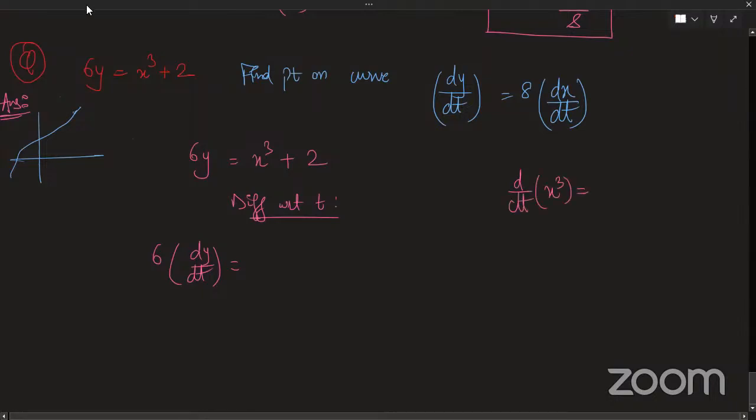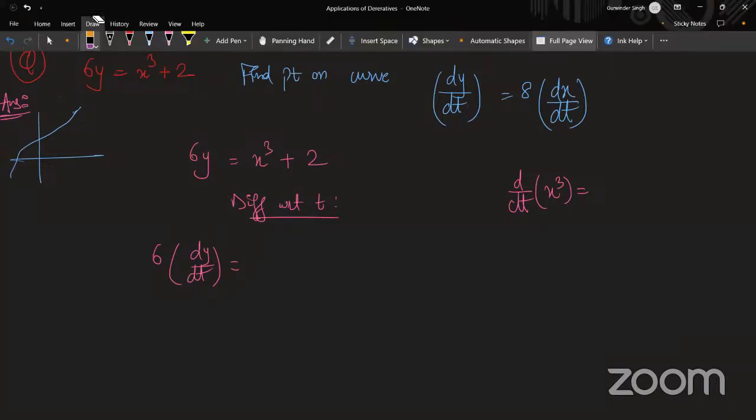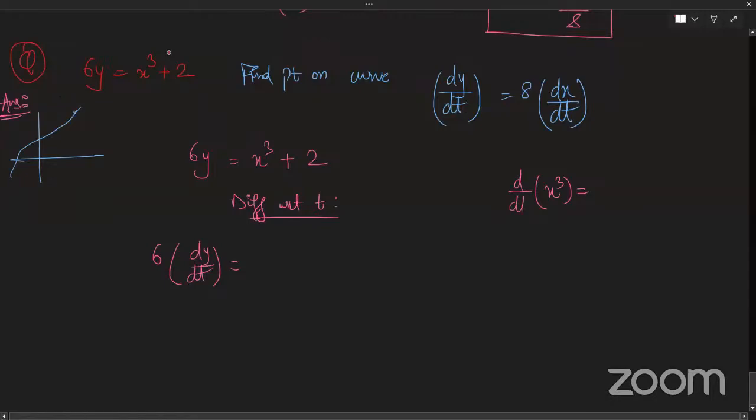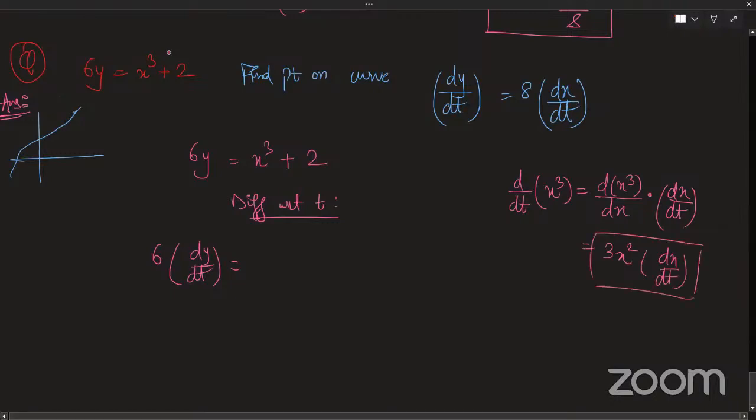Chain rule. It is 3x square into dx by dt. Correct? Everyone? Yes, sir. Okay, so 3x square into dx by dt.